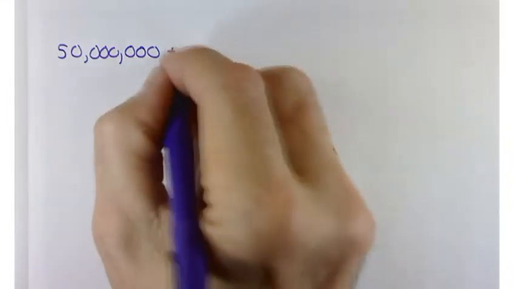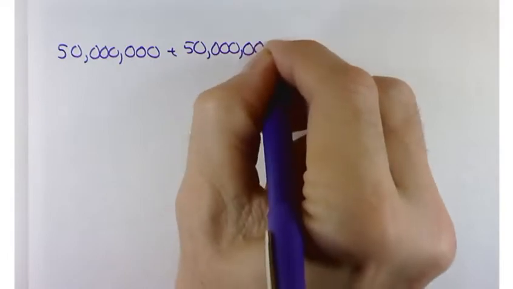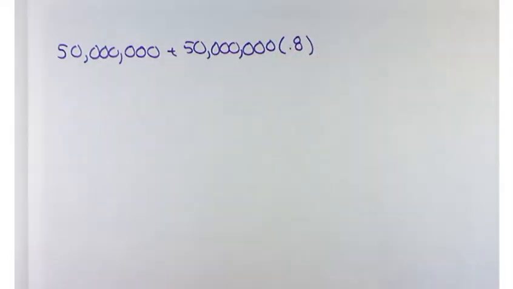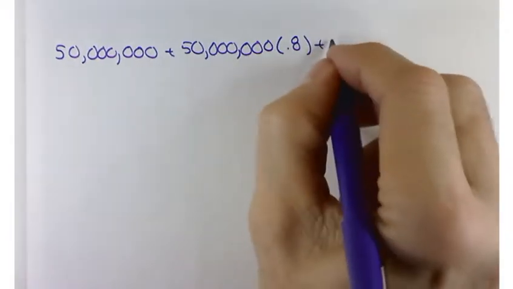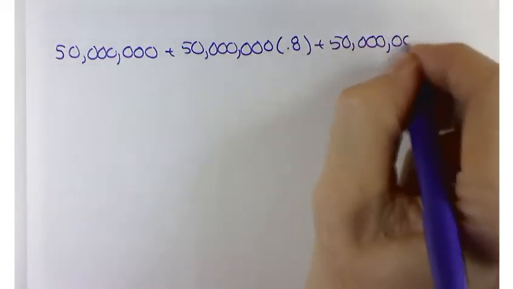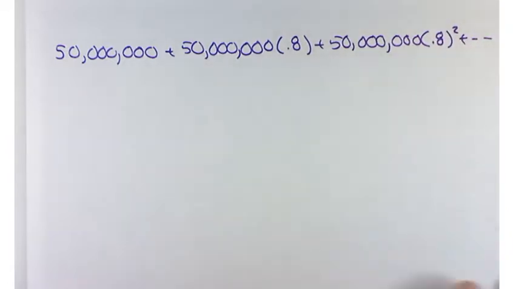So depending on the economist or the model, etc., let's say 80% of that gets re-spent. Now that money gets re-spent again, because when somebody buys food, they're going to have it delivered, they're going to have to pay somebody to deliver it, etc. So that money gets re-spent again. So $50 million re-spent again, times 0.8 squared, etc.